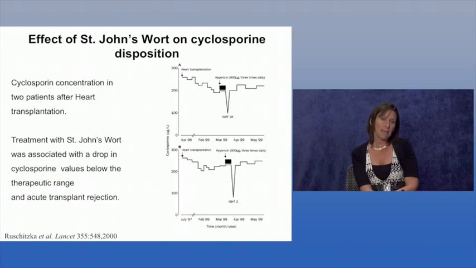Cyclosporin is metabolized by CYP3A4, a key enzyme involved in the metabolism of cyclosporin. In addition, cyclosporin levels in plasma need to be controlled very carefully, because if you over-immunosuppress a patient, they can get deadly infections. If you under-immunosuppress a patient, the organ that was transplanted could be rejected.